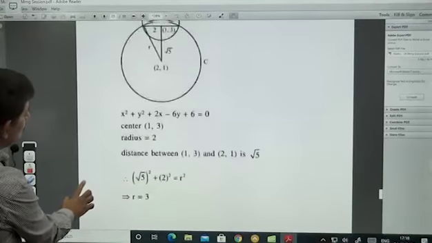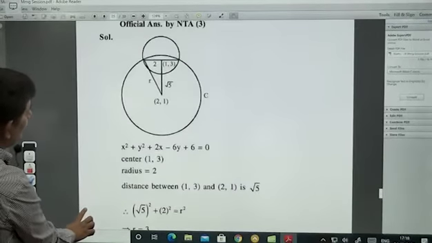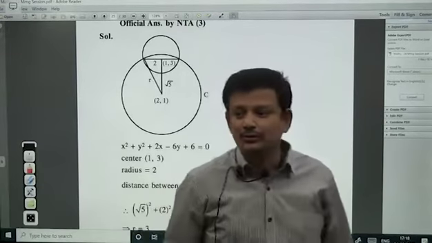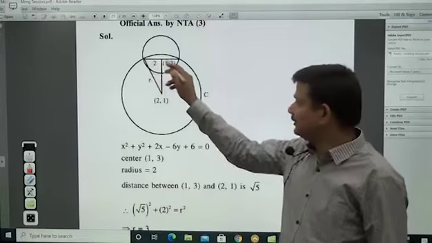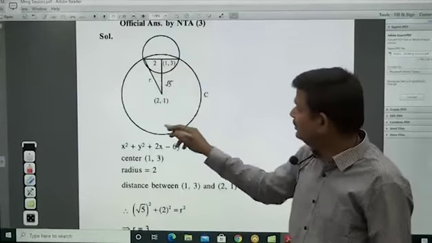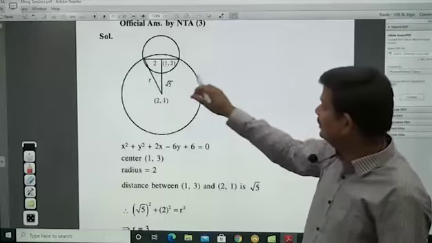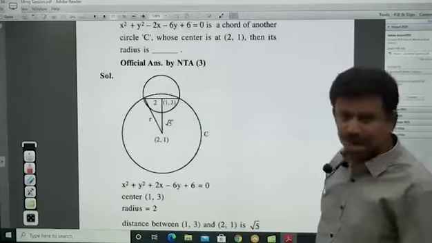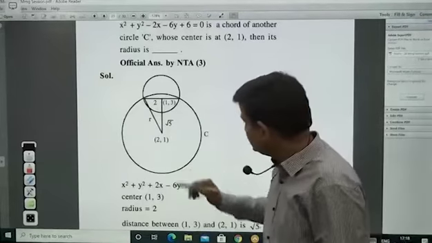Probably he will also do the same thing. Oh, there is another method. Good. He did it geometrically. Strange. So this is the diameter of the first circle. Center is 1 comma 3. Center of the other is 2 comma 1.